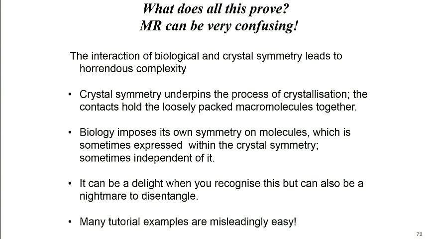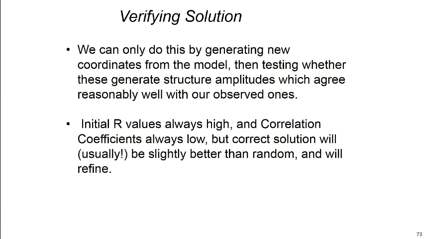Symmetry holds everything together. It's great when you see it. And I must warn all of you who go to workshops, we choose tutorial examples which are far too easy. So you can find yourself facing things which are much more complicated than our tutorials.